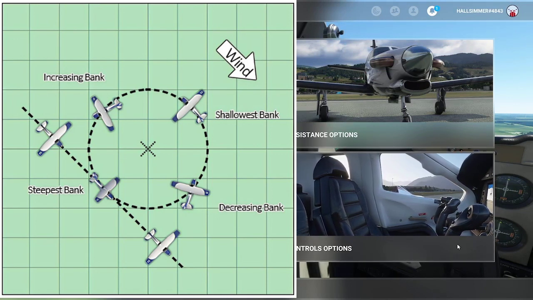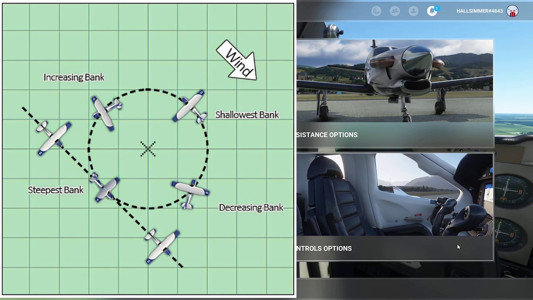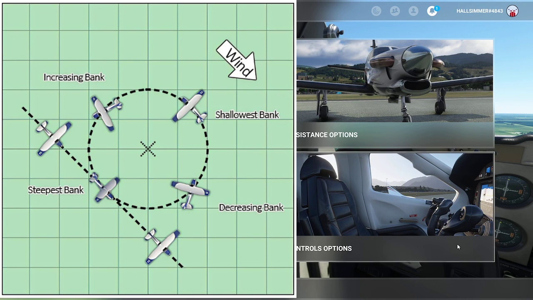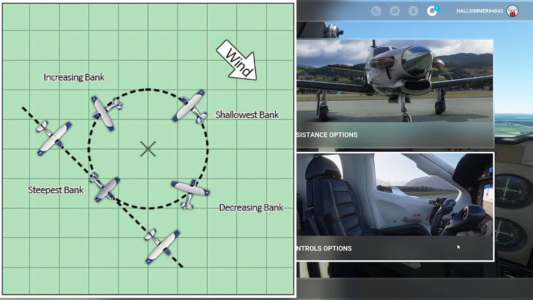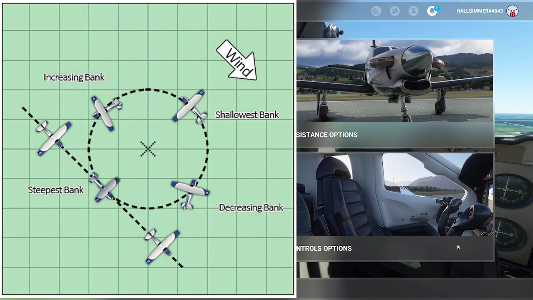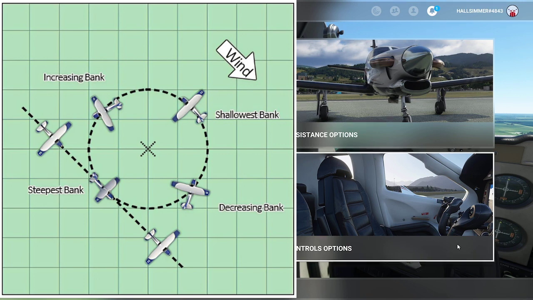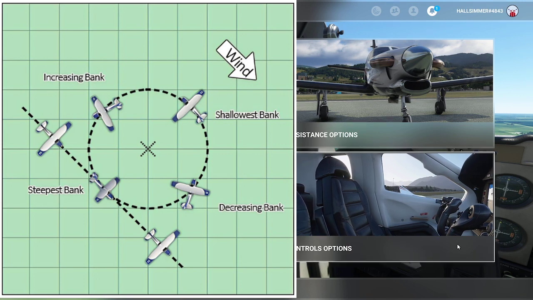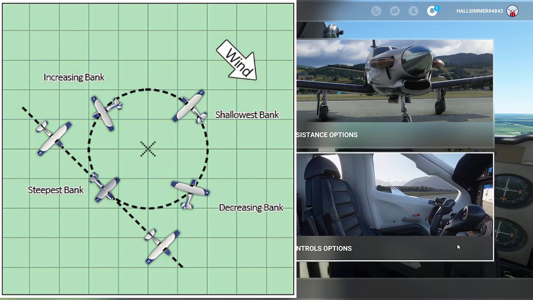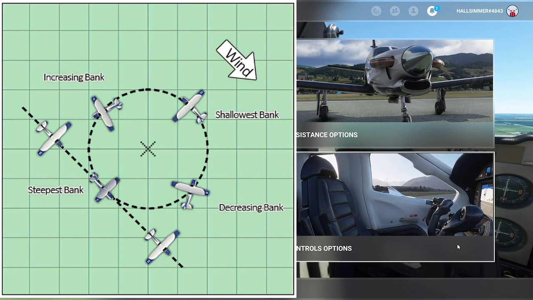And then as you work your way around the circle, you're going to gradually decrease the bank. So you see decreasing bank around that midpoint of the first half of the circle. And then as you get into the wind, you're going to start to shallow your bank to the shallowest point because you're taking the wind head on and moving the slowest in your ground speed.